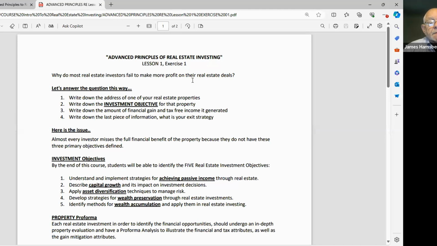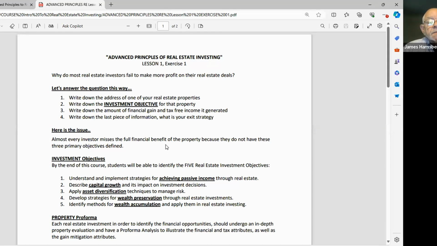The first step is the three primary objectives in real estate investing. One: for each property that you own, do you have a defined investment objective for that property? Second: can you identify and write down the financial gain and the tax-free income that that property generated?